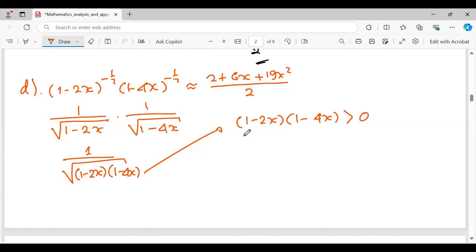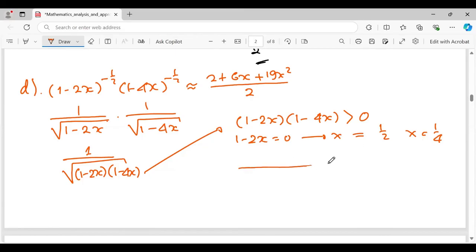So it means there are two possibilities of x, where 1 minus 2x equals 0 and 1 minus 4x equals 0, which means x equals half and x equals quarter.